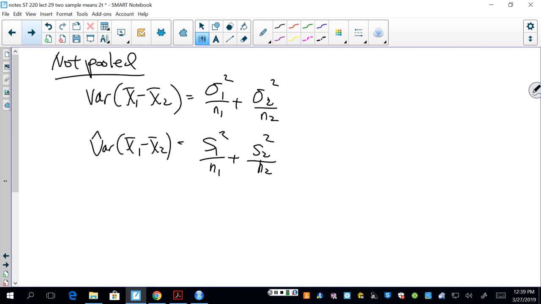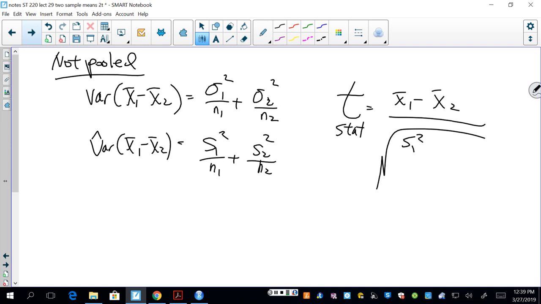That's not hard to do. Before, we replaced each of these by the pooled ones, so we could pull it out and it became a little simplified.